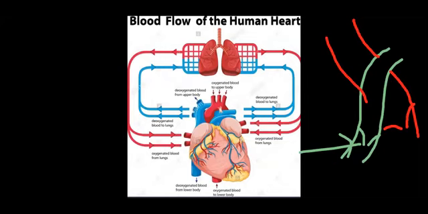And these are only in the heart. When we talk about the arteries outside the heart, their valves are not present. Remember this. Only the arteries in the heart have these valves, known as arteriole valves, artery valves.